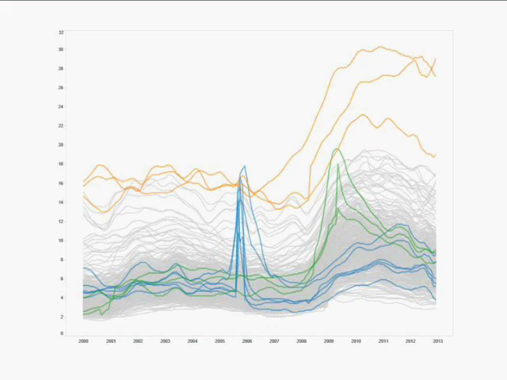I've already pointed out a few things that I think are interesting, but you can still explore, because we're talking about doing this, of course, not in PowerPoint, but in a presentation program. You can interact, you can find your own things. You can look at maybe the lowest values here, which metro areas have the lowest unemployment rates and so on. So you can find all kinds of interesting things.